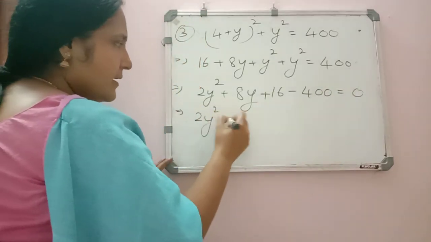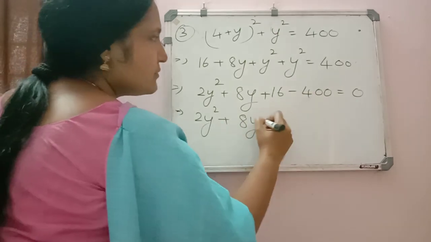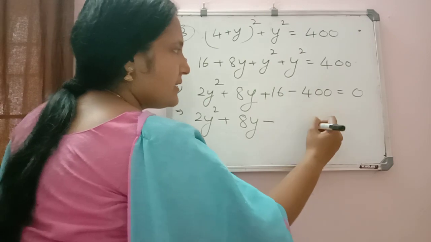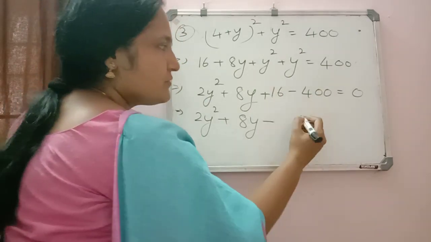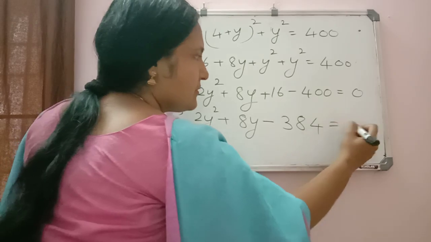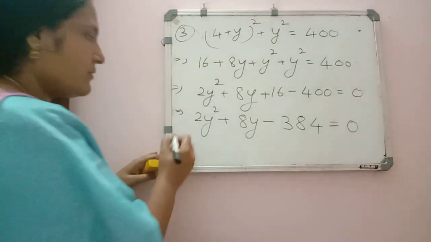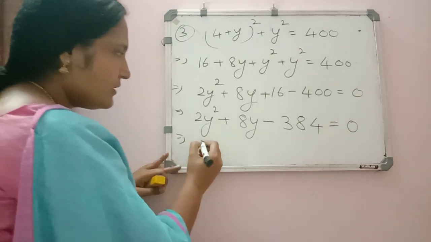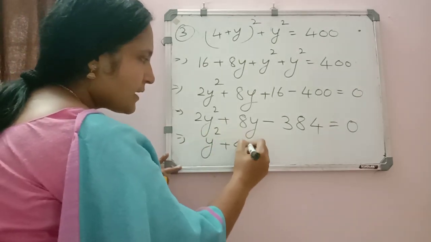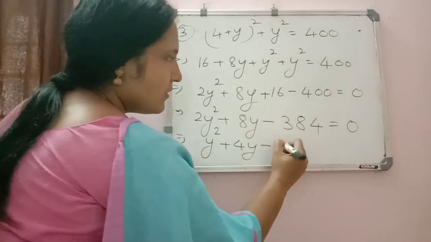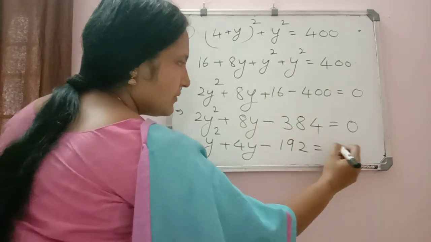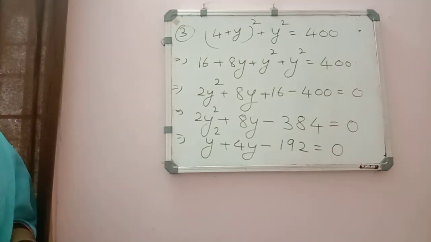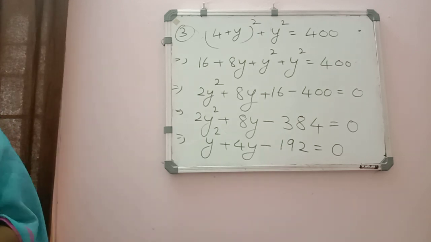So 2y square plus 8y, and here we do the subtraction, 400 minus 16, which is equal to 384, is equal to 0. As we can check, each term is divisible by 2. So we can cancel by 2. It will be y square plus 4y minus 192 is equal to 0. So we reach the quadratic equation; solve the quadratic equation and find out the value of y.